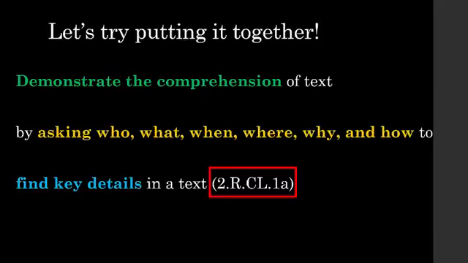Now, before we move any further forward, let's look at this and recognize a few things. The first one is we have not included any of the other strategies of predicting, clarifying, or summarizing in this objective. We have only concentrated on questioning, and that is purposeful.